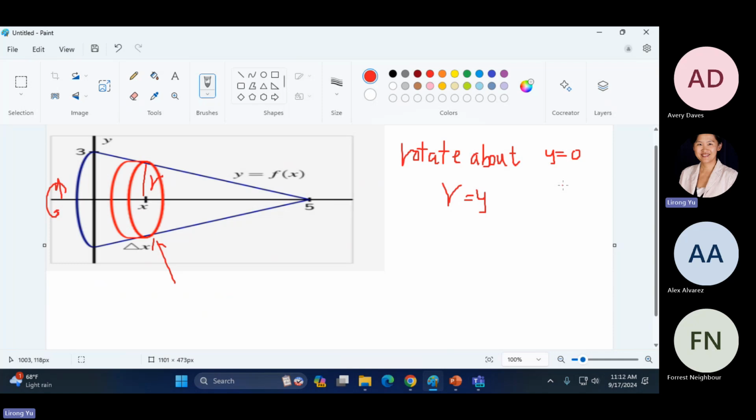Try to make it as mathematical as possible. Another way to determine the radius is to see the rotation and see that the radius is a y value on the line. We already have a representation for the line, -3/5 x plus 3, and that's exactly how we represent the radius. That's our y, and y is the radius. This is how you do it.